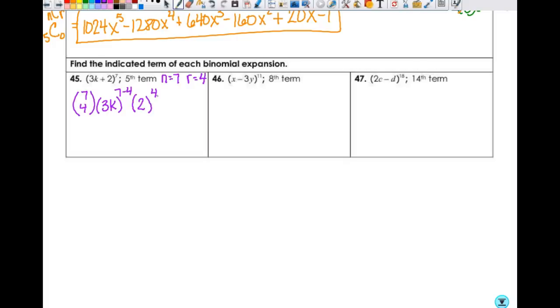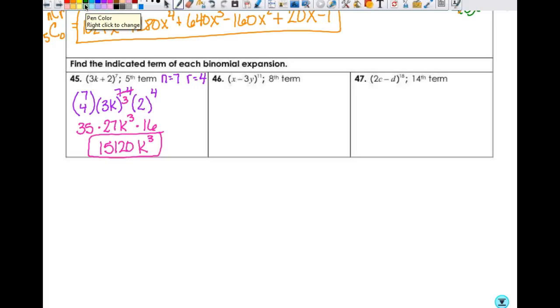So this becomes 3 right here, really. And so when I do the combination of 7, 4, that's going to give me 35 times 3 to the 3rd is 27. Then we have k cubed. And then 2 to the 4th is 16. So in the end, what we get is 15,120 k cubed. Okay.